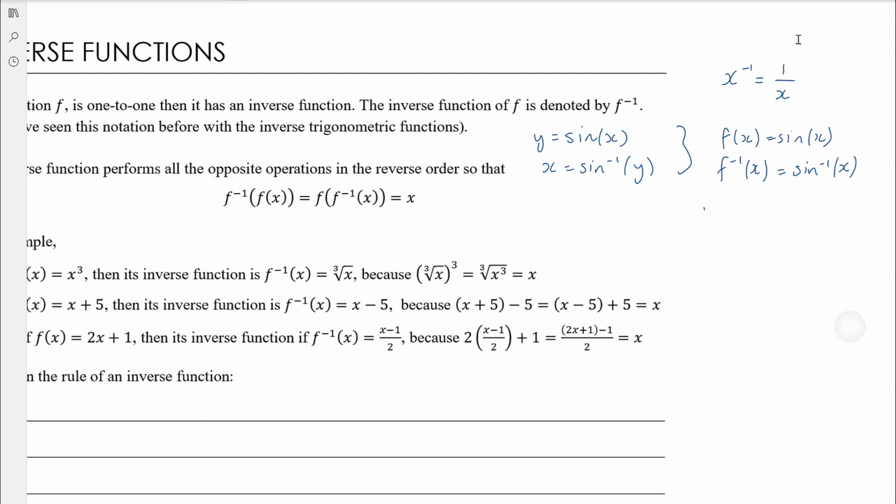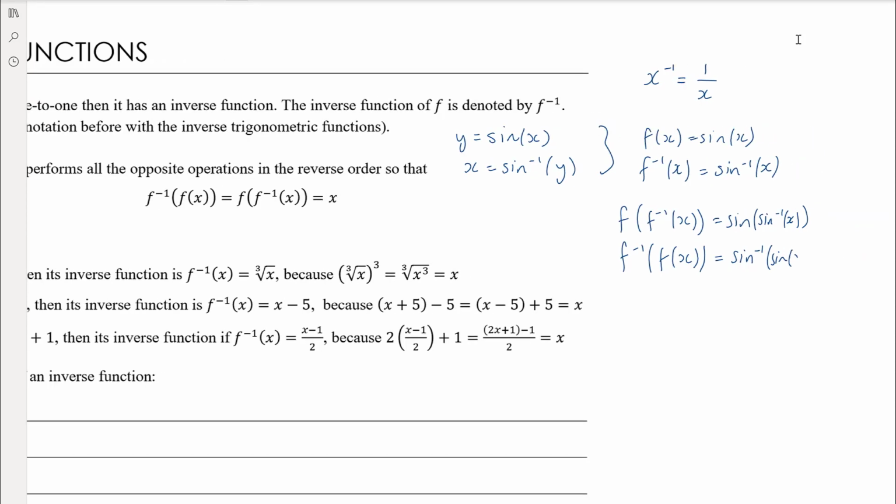If we substitute the inverse function into the original function and have sine of inverse sine of x, or substitute the original function into the inverse function and have inverse sine of sine of x, both of those give us x. The sine and the inverse sine undo each other, and we just get left with x.